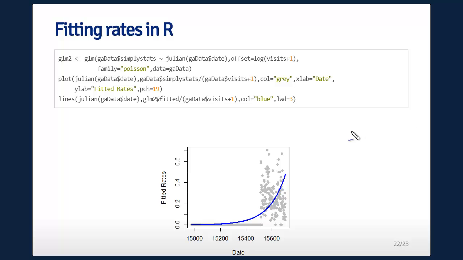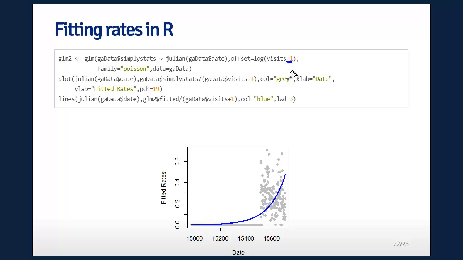I should have pointed out that because the visits have zeros in them, he's modeling not relative to total visits, but relative to total visits plus 1.